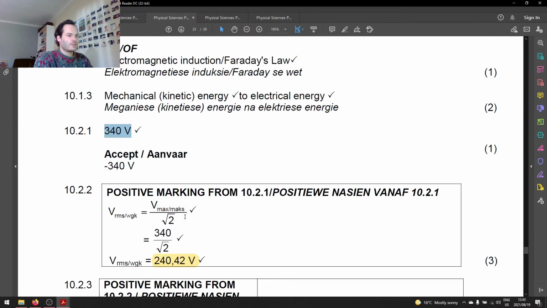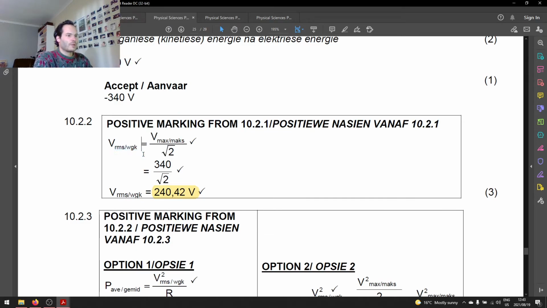So I say VRMS is equal to Vmax divided by square root of 2. That gives me 340 divided by square root of 2, which then is 240.42 volts. Very easy, 3 marks there. Again, VRMS is just my Vmax divided by root 2. I put in my Vmax, I divide it by square root of 2, and I get 240.42 volts. All right.